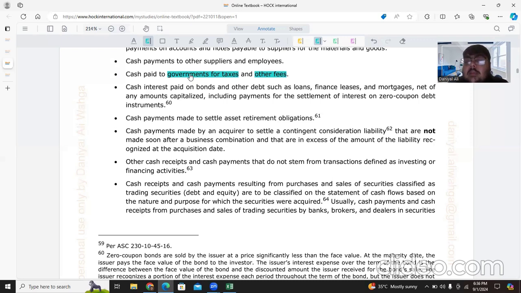Other cash receipts and payments that do not stem from a transaction defined as investing or financing. So you need to see the classification of cash transactions which are not part of your financing as well as your investing.